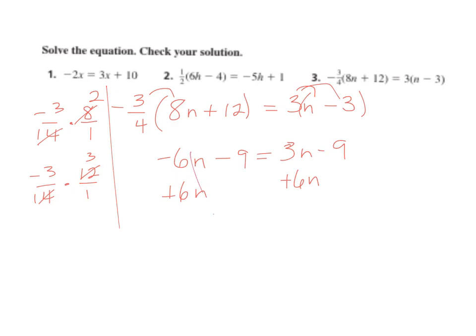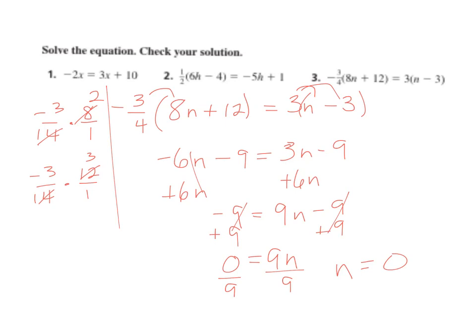That's going to give me negative 9 is equal to 9n minus 9. And then I'm going to add 9 to both sides. That goes away, that goes away. I get 0 equals 9n. If I divided both sides by 9, 0 divided by anything is 0. N is equal to 0.